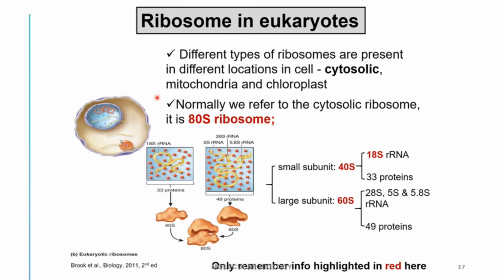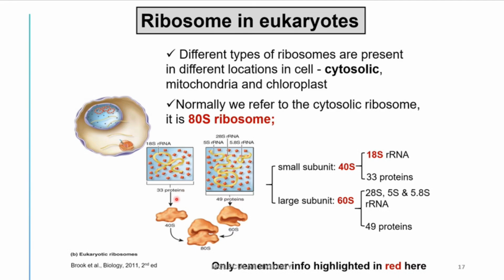For the eukaryotic cytosolic ribosome, it is the 80S ribosome, which is this big orange guy here. Now, the 80S ribosome is again made up of two different subunits, the 40S, which is the small subunit, and the 60S, which is the large subunit. The small 40S subunit is made up of one piece of RNA, 18S rRNA, together with 33 proteins.